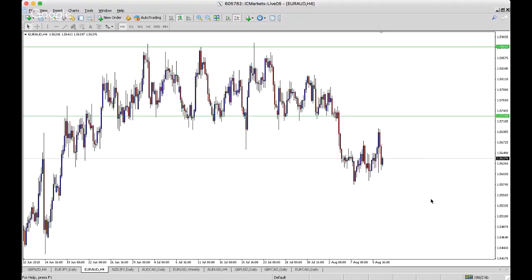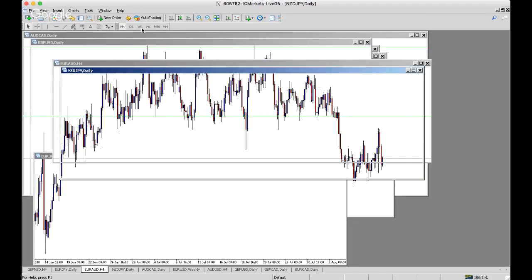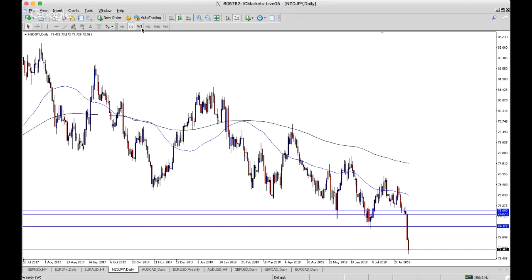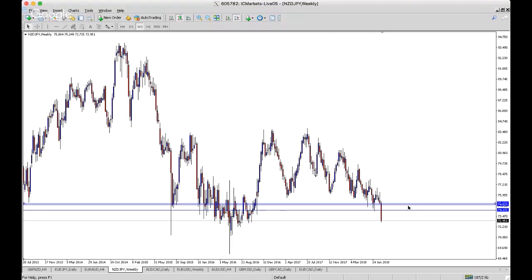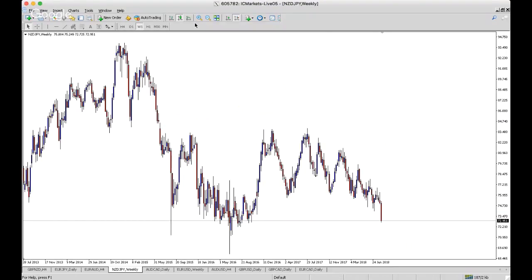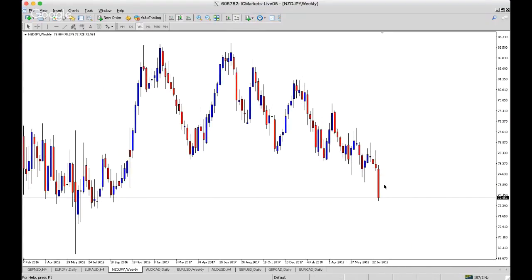So Aussie, sell. NZD yen is also quite straightforward. It's in sell as well. For NZD yen, what do we see here for the weekly close? Does that look like a weak or a strong sell momentum to you? It looks like a strong sell momentum, right?